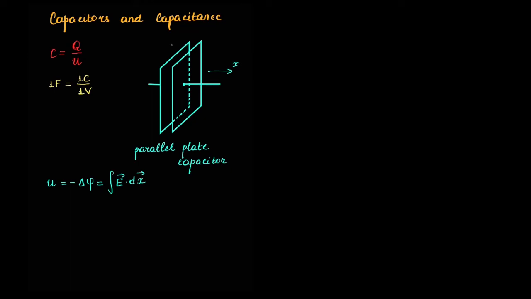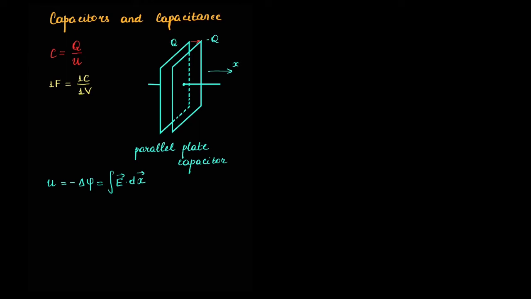If the plate on the left-hand side is positively charged and the plate on the right-hand side is negatively charged, then the direction of the electric field inside goes to the right, in the x direction.